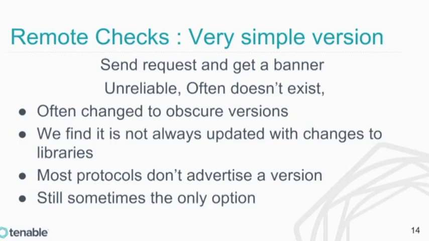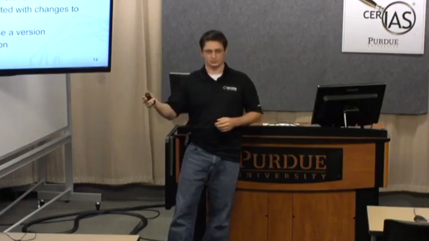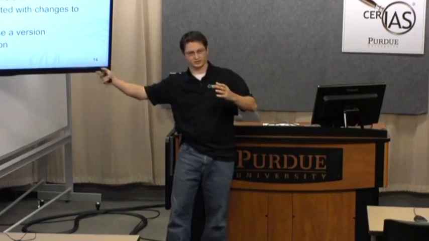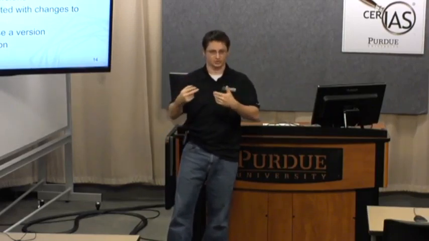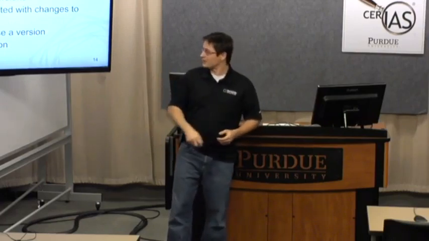We also can't use that because a lot of servers won't advertise minor versions. If you get a patch to SMB and it's SMB1, it's not going to say SMB1 point and so on all the way down to what version. You're talking to SMB1. It's just telling you that that's the protocol you're talking to. So we can't tell minor changes within these protocols.